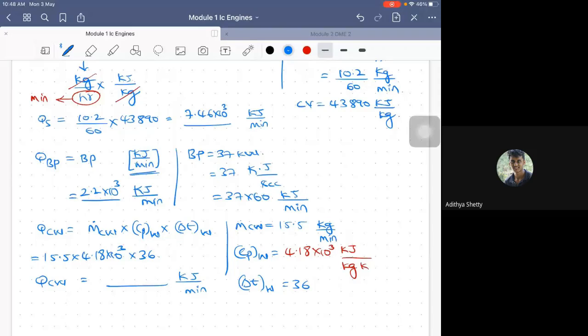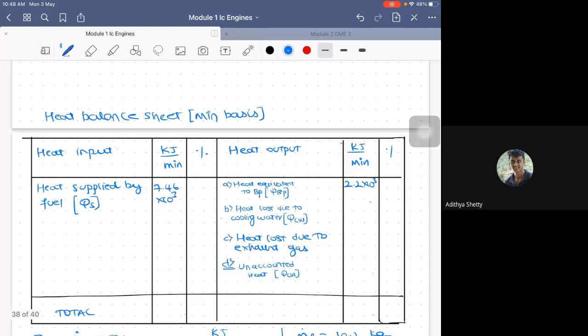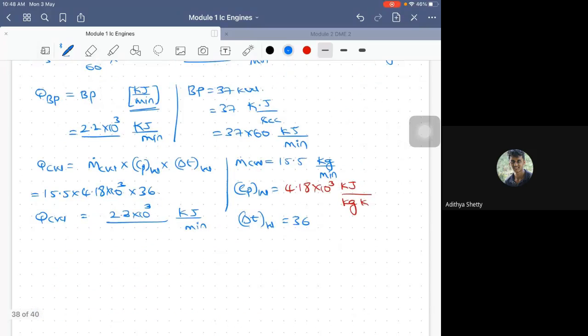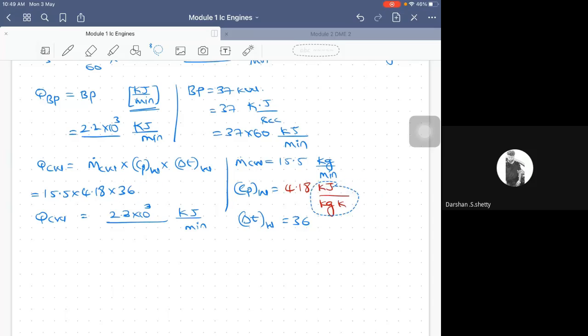Two point three three into 10 to the power of 6? Then don't substitute here. This is 4.18. Is it correct, 2.3 into 10 to the power of 3?